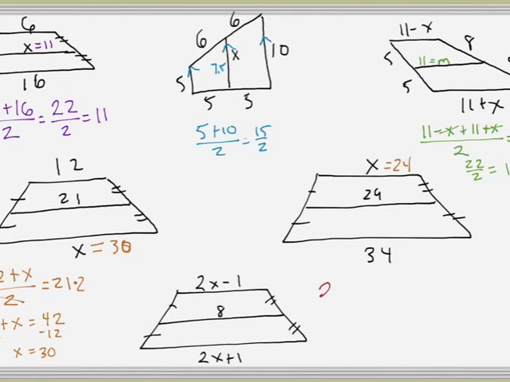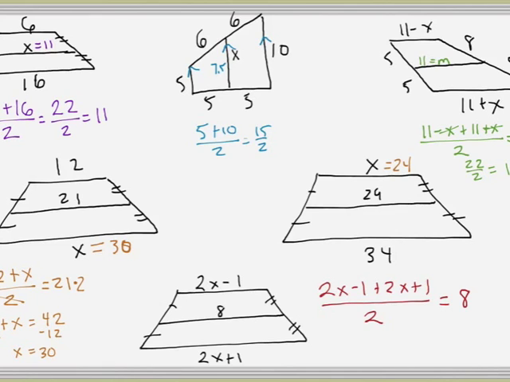What we want to do is take our bases and add them together, divide by 2, and it should equal the middle. Yes? What if in all parts you have to solve for x? Like the midpoint, you have to solve for x as well as each of the bases. In the green one, we didn't want to solve for x, but in all the other ones we were.